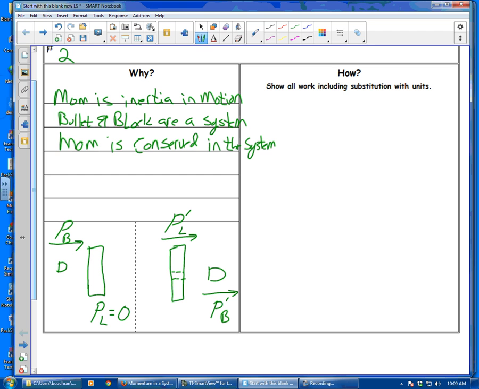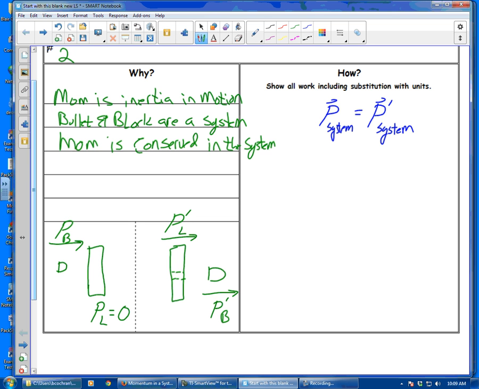All right, so let's start off here on the how. And I start off with my big fact that momentum is conserved in the system. So from my equation sheet, I have the momentum of the system, remember, it's a vector, equals the momentum of the system afterwards. And that's why I use that prime there again. So that's directly off the equation sheet. And then as Bob told us, and he's completely correct, 2 objects before, 2 objects after.